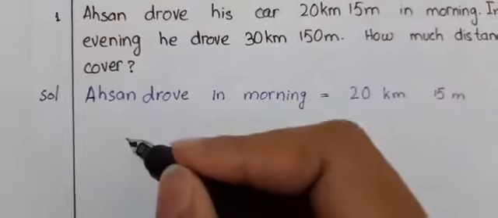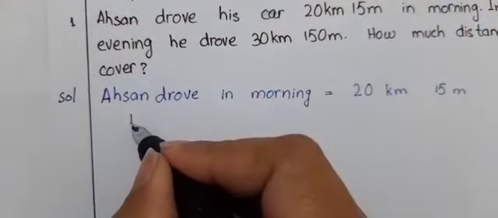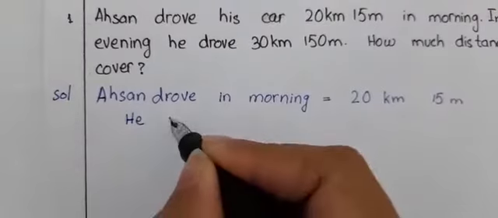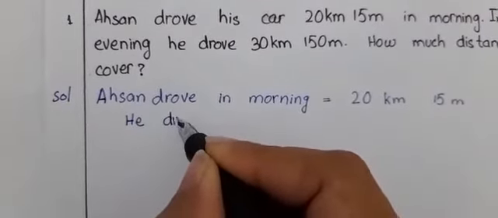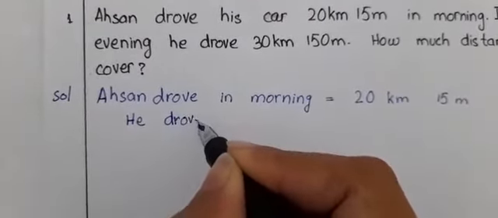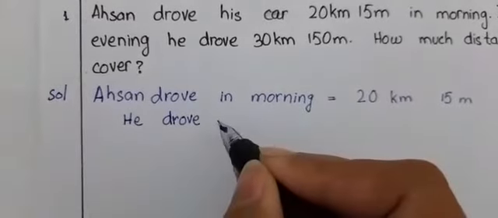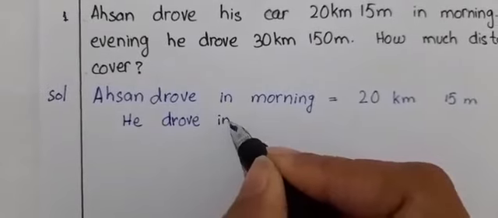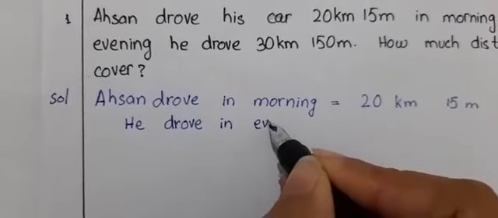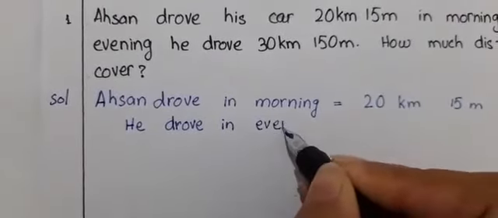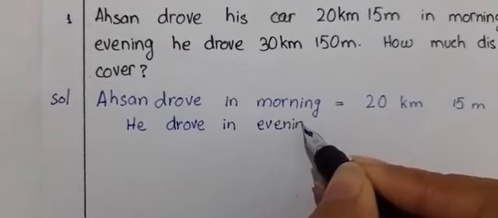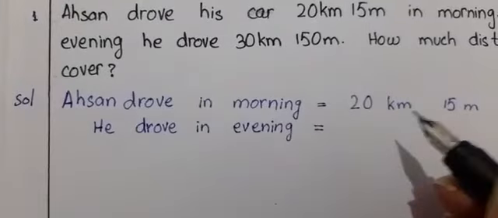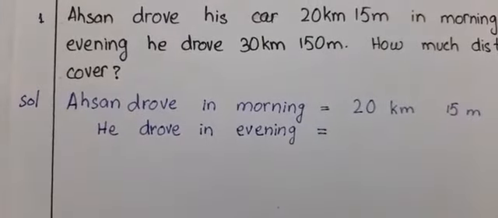Now we will write, he drove in evening. As it is a instance that is done in past, so we are writing the second form. He drove in evening, and we have to write the equals to under equals to, and it is 30 kilometer 150 meters.